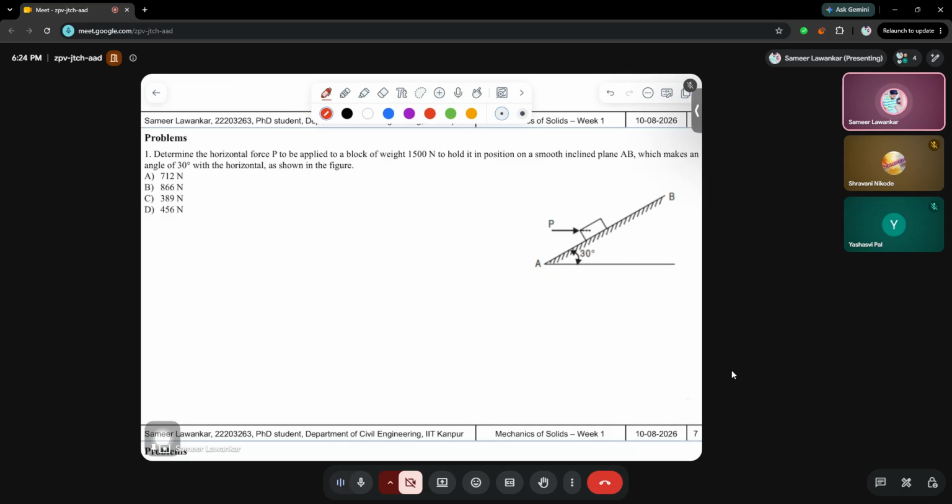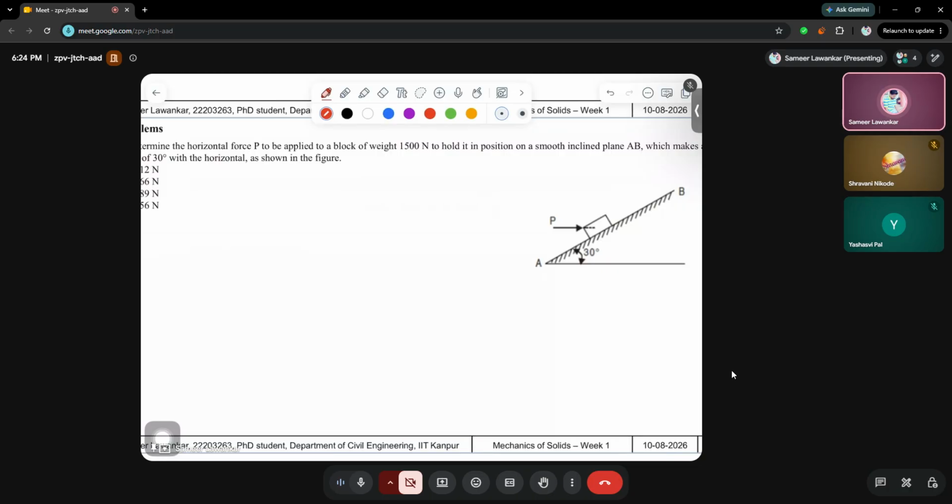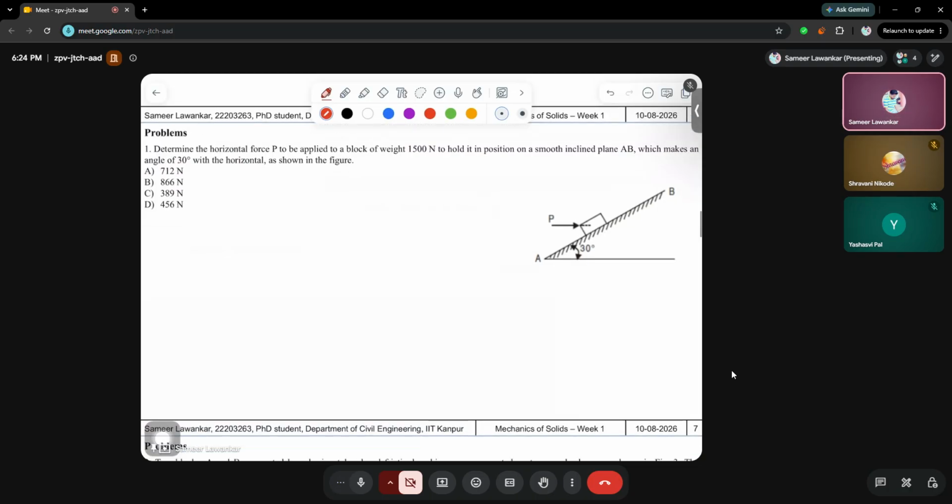Okay, so please try solving this. This is a very simple question, only resolving of forces, and please give me the answer. I think there are three easy questions which are somewhat related to your assignments, and then we can start using some complex questions.